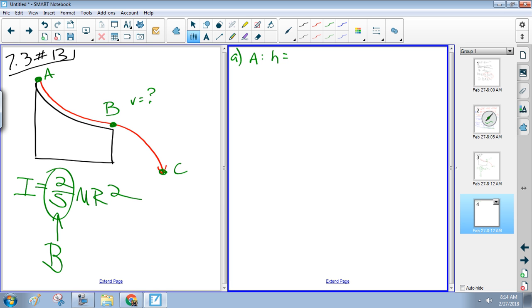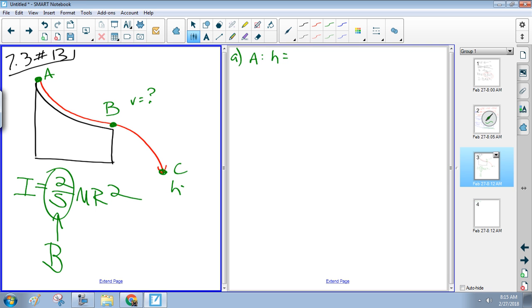So what should I use for the height up there at point A? Can I use the 27 meters? What should I use? So remember, my strong recommendation to you guys, and there are other ways of doing it, is to choose the lowest point to be a height of 0, and then measure everything up from there.